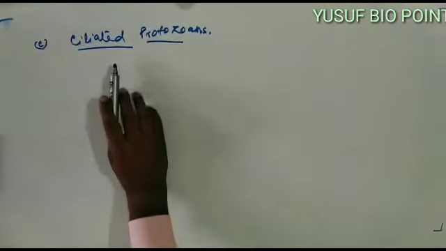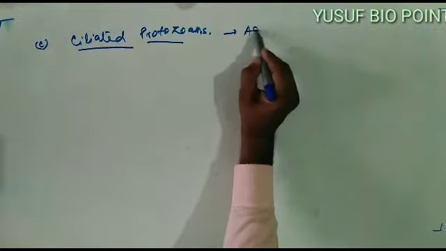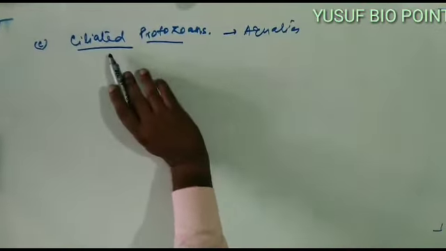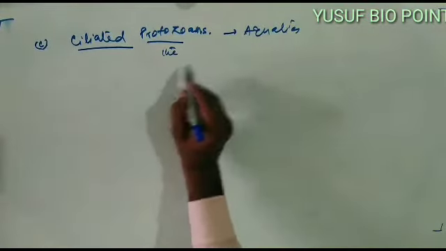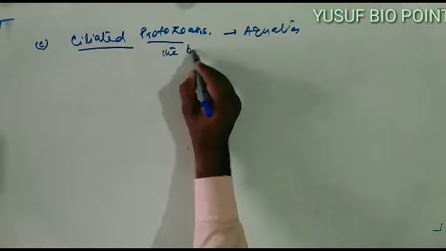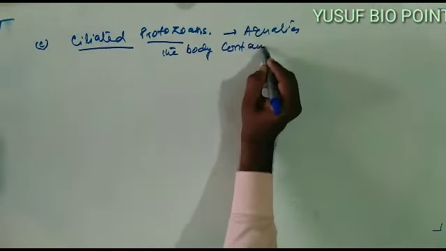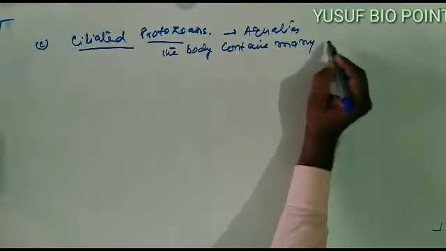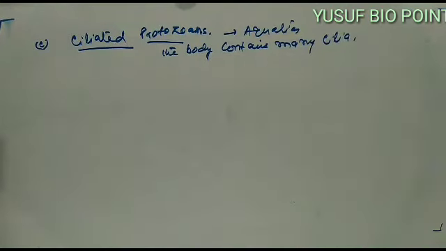Now the next one is ciliated protozoans. These are also aquatic. Cilia, as the name represents, the body contains many cilia. The cilia are found over the body.